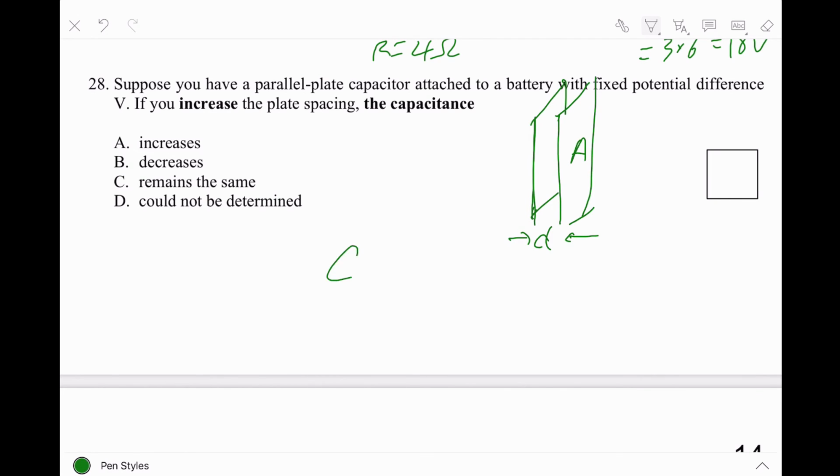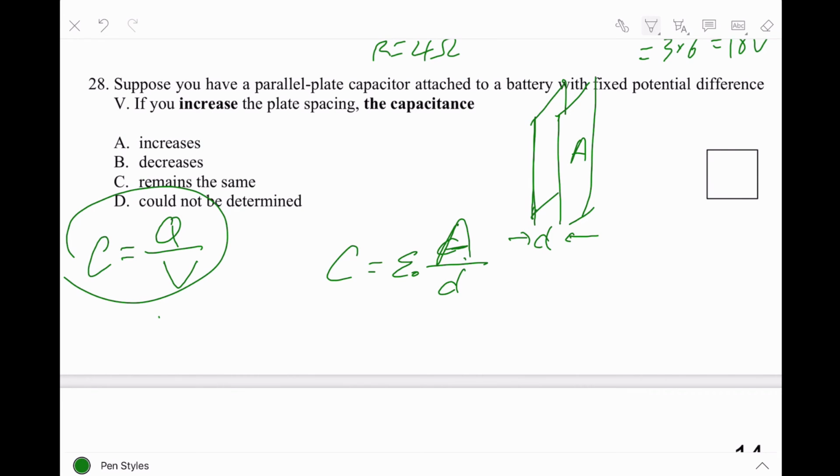So the C is epsilon A over D. This is how you make a capacitor. It's not the definition. Definition of capacitance is charge per unit voltage. You want to store charge. How much charge if you apply a certain voltage across the two plates. This is how you made it, how you measured it. So it's two different definitions.